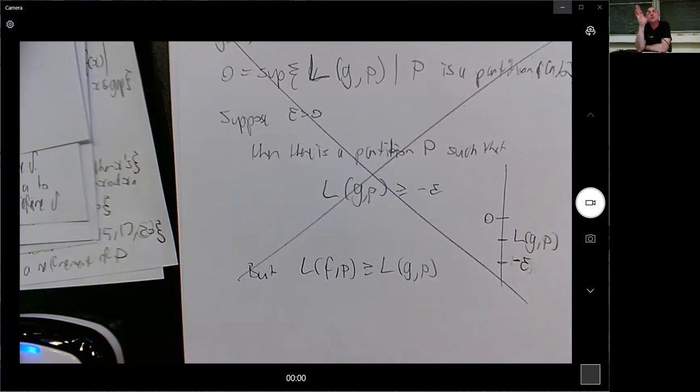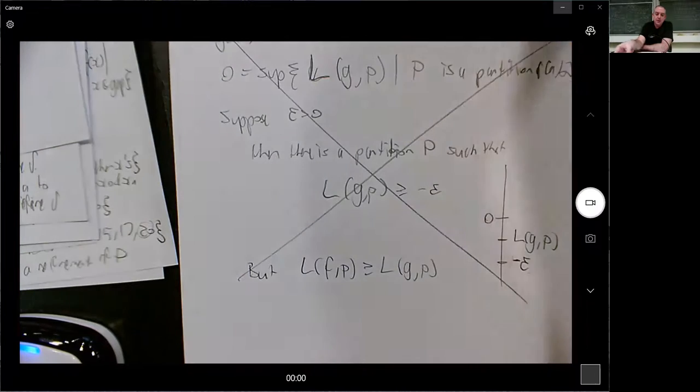Wait. I've got it. Or do I? Right, so F is more than 0, right?